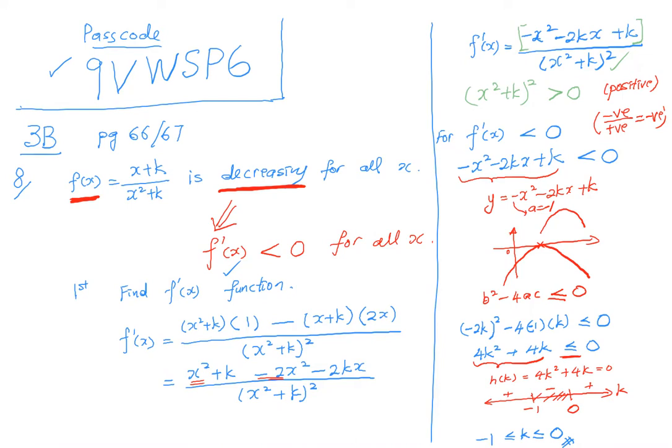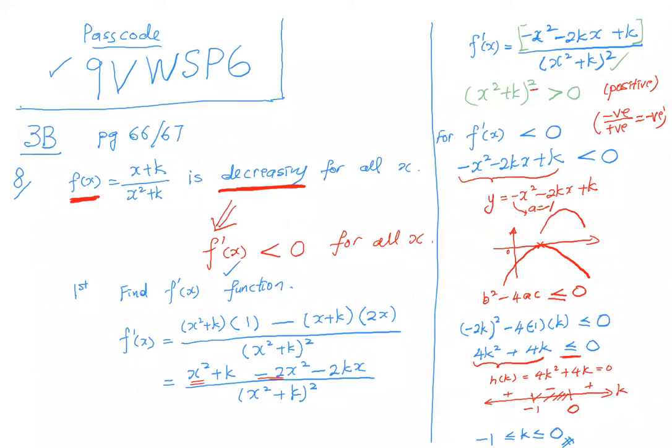Anyone got any question to ask? Yes. Can the denominator be negative and the numerator positive? Cannot, because the denominator is a square. Oh, okay. It is definitely positive already.